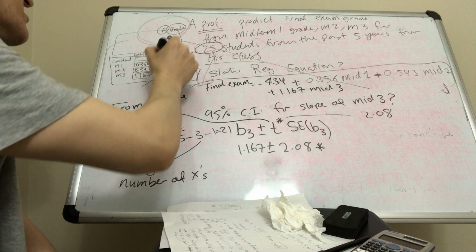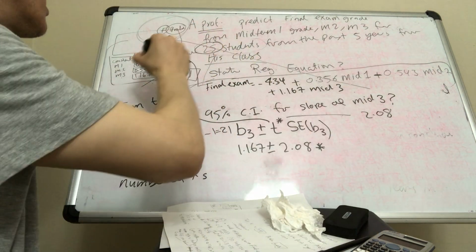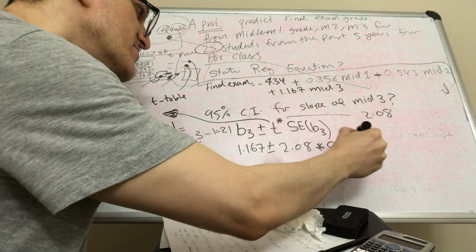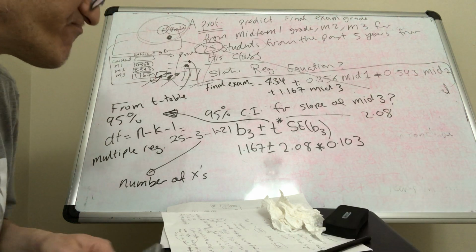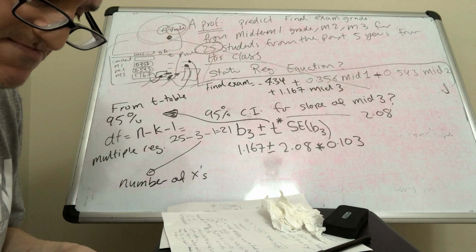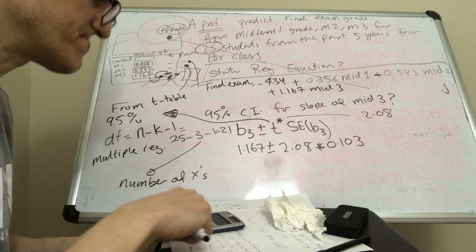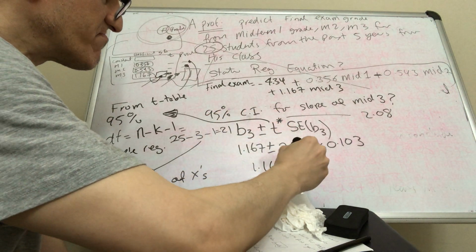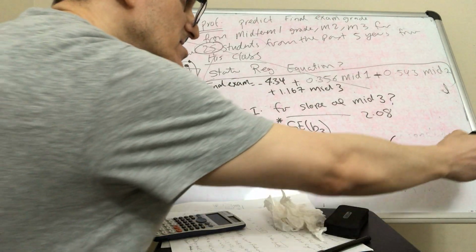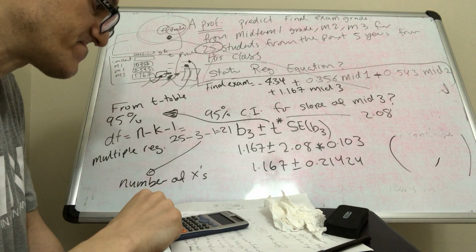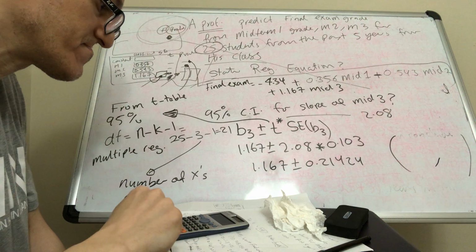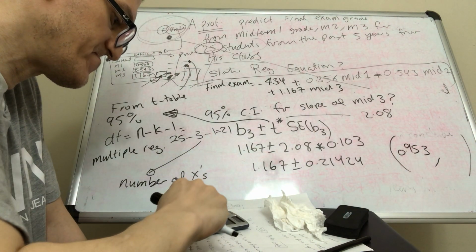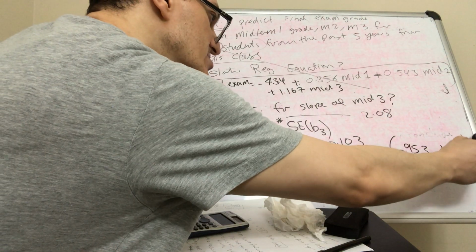The SE is the number right next to it in Minitab, which is 0.103208. So you have 1.167 plus or minus 2.08 times 0.103, which is about 0.214. You subtract them and you add them. That gives 0.953 and 1.381.